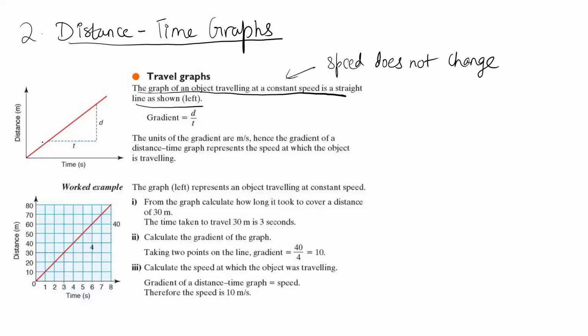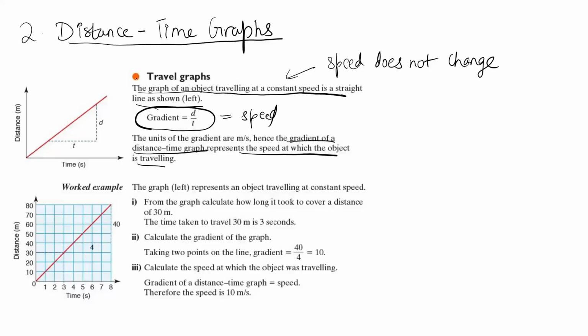Because your speed is not changing, and the gradient of a distance time graph is basically speed. The gradient of a distance time graph represents the speed at which the object is traveling. And gradient, as we know, is basically the slope.